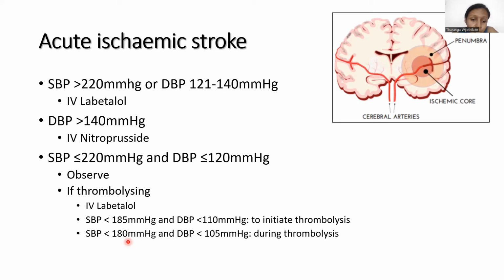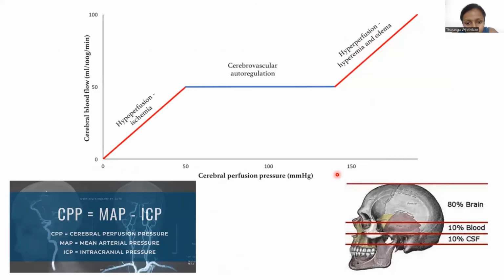You'll be monitoring these patients, administering thrombolytics. So these are your treatment targets. But if you're not going for a thrombolysis, if the blood pressure is less than these numbers, you could observe. And you don't need to get a very tight control. Clear? Okay.